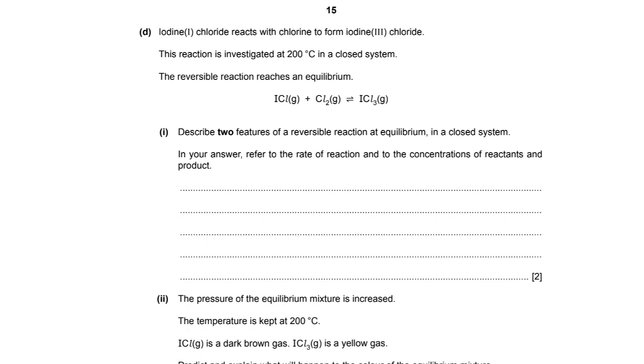Okay, so this reversible reaction, in which ICl is reacting with chlorine to form ICl3, iodine trichloride. In your answer, describe two features of a reversible reaction. Refer to the rate of reaction and concentration. So basically he's asking you to write two definitions of dynamic equilibrium. One is that rate of forward reaction is equal to rate of backward reaction.